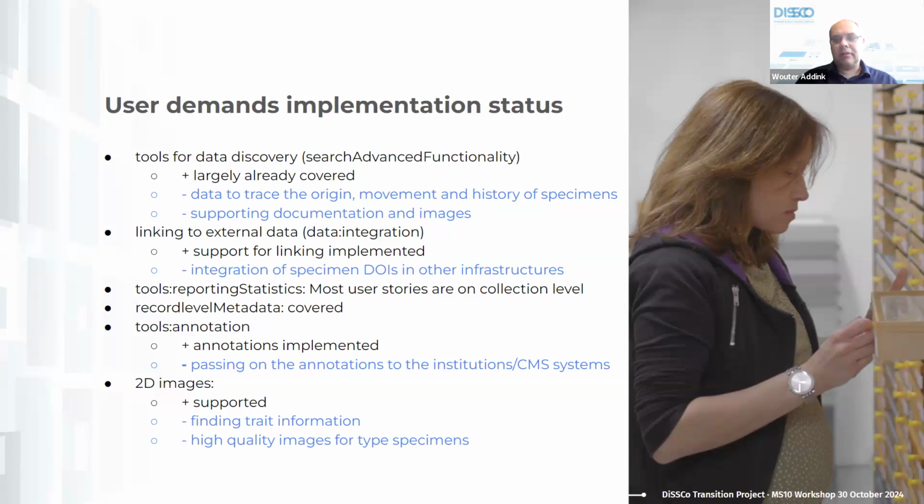The latter is maybe partly because these user stories were collected a few years ago, and now there is much more uptake of artificial intelligence than there was back then. But there are parts that are not yet covered. There are a lot of user stories with the need for data to trace the history of the specimens and of the collections.